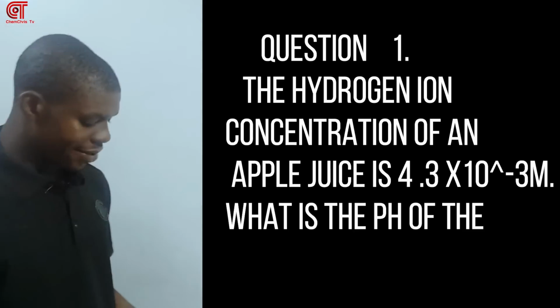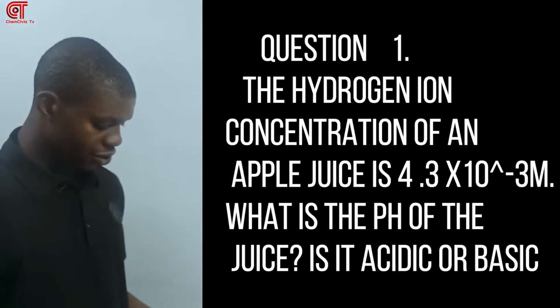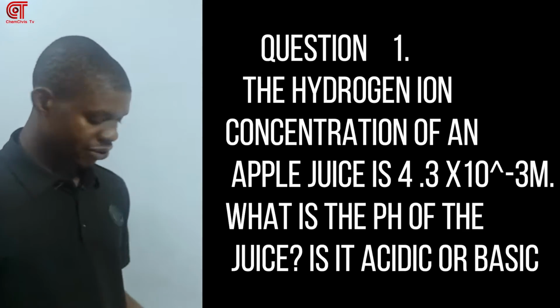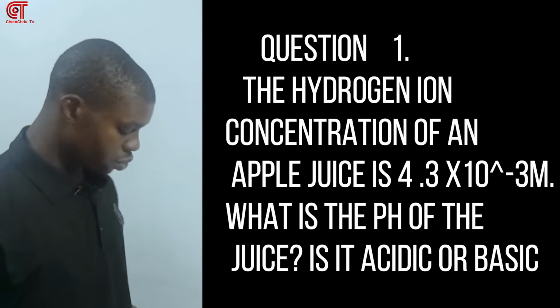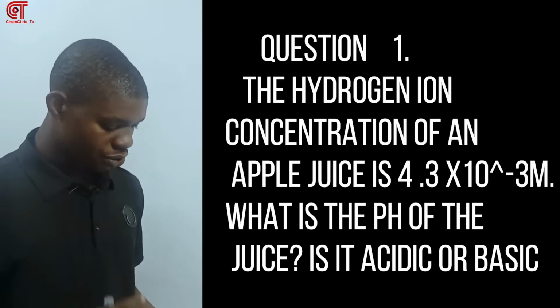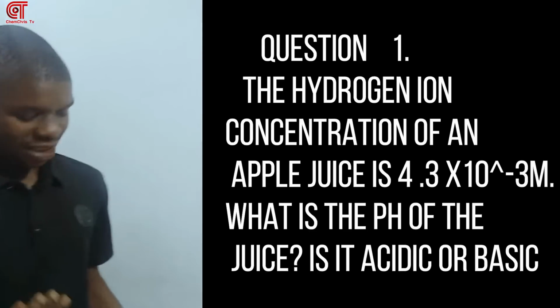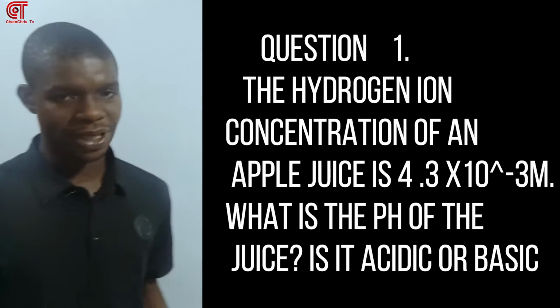It says that the hydrogen ion concentration of apple juice is 4.3 times 10 to the minus 2. What is the pH of the juice? Is it acidic or basic?